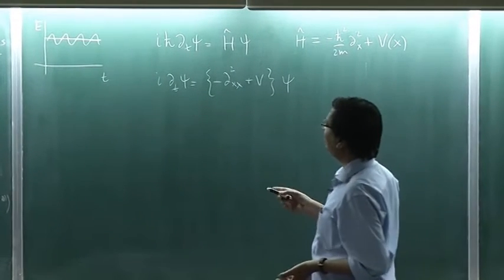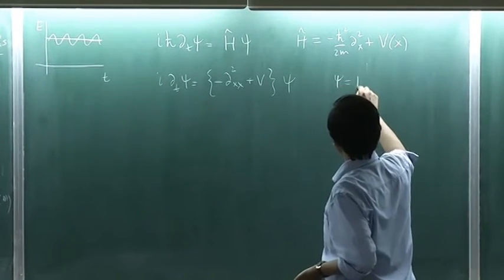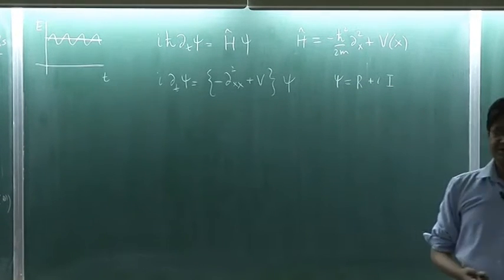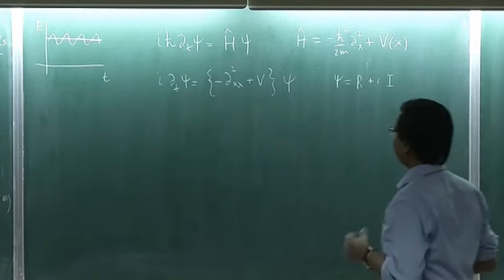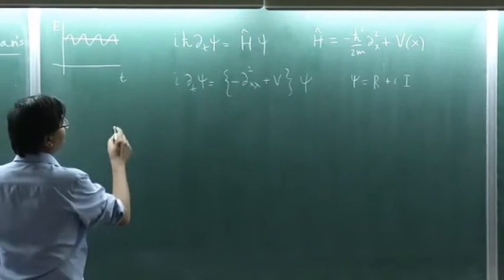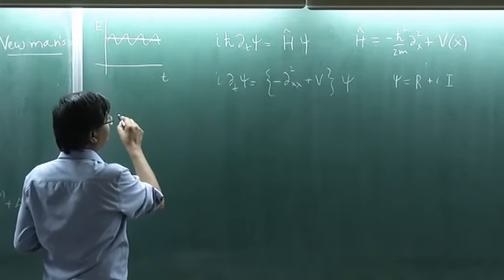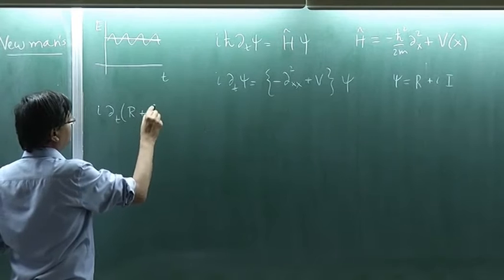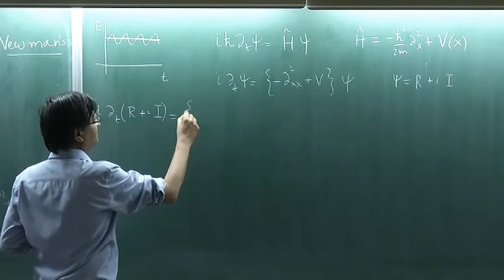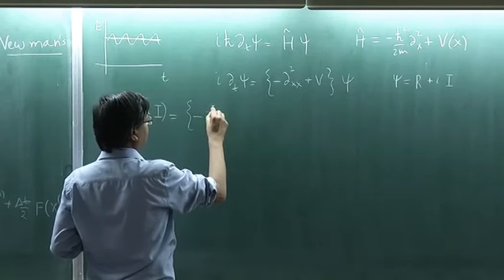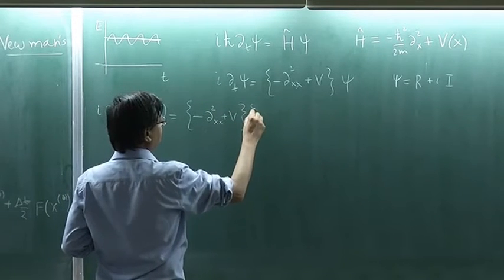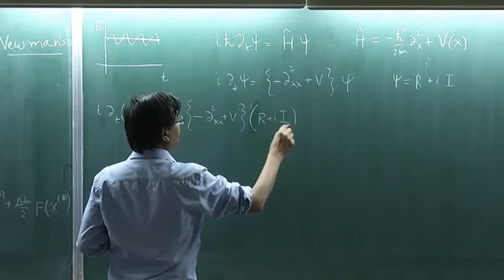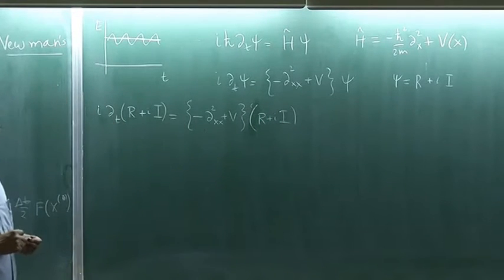Now split my psi into real and imaginary part, R plus i I. If I split this, let's plug it in here. I dt of R plus i I equals minus the second derivative plus V. So collect the real and imaginary parts.